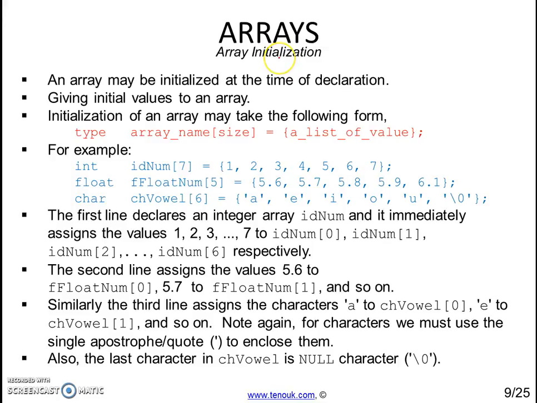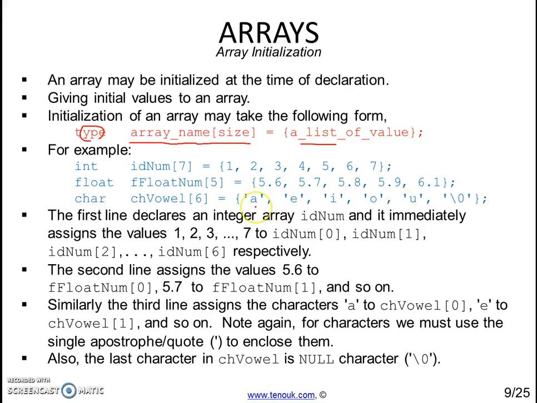We can also initialize the values in an array like we can initialize a simple variable. The format is data type, array name, size, then a list of values. For example, in the first example here we are initializing an integer array with the values 1, 2, 3, 4, 5, 6 and 7. In the second we are declaring it with float values, and in the third example we are declaring it with character values.